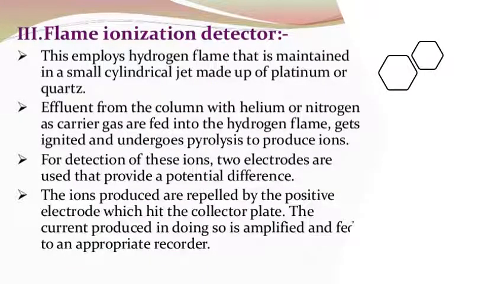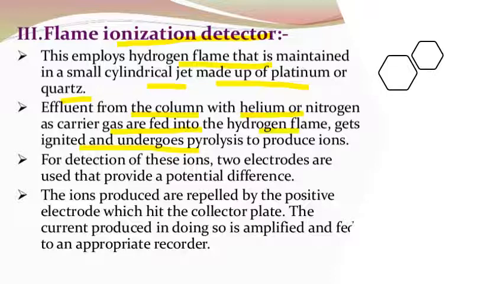Now the third detector is FID, that is flame ionization detector. This employs a hydrogen flame which is maintained in a cylindrical jet made of platinum or quartz. The effluent, when it comes to the detector after passing through the column with helium or nitrogen gas, goes on burning under this flame, gets ignited, and undergoes pyrolysis.